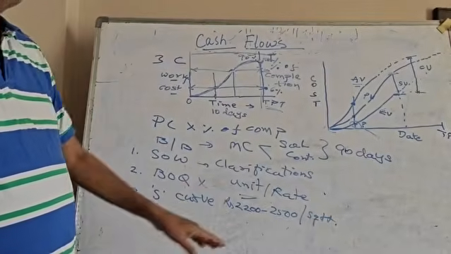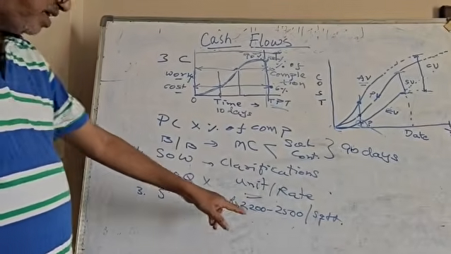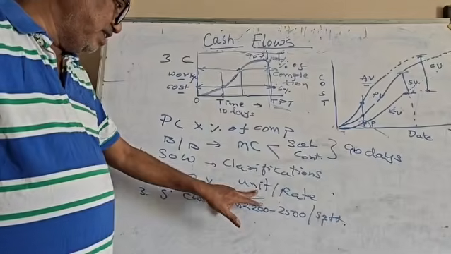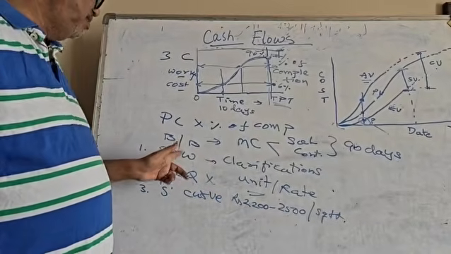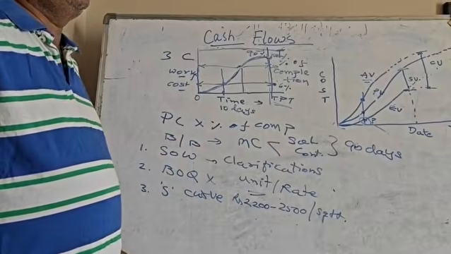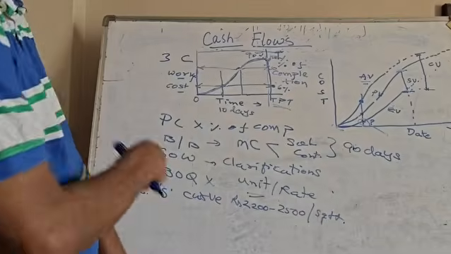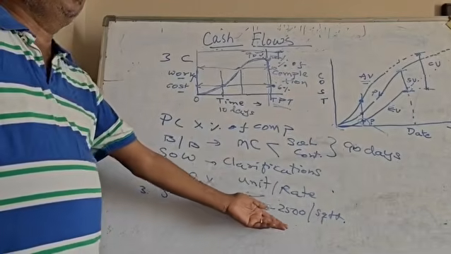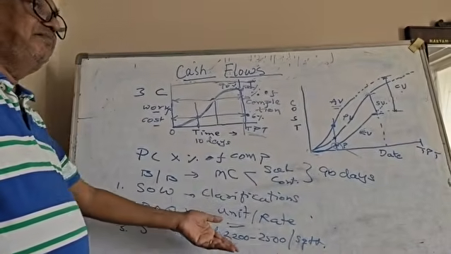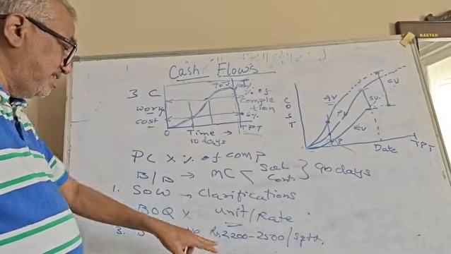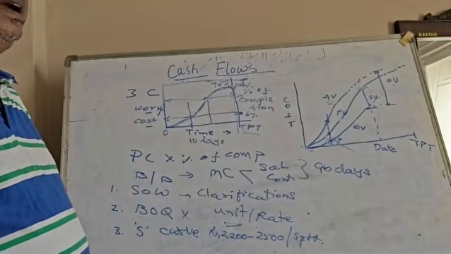So if a big project is coming, a building is coming, normally contractors, they try to work out roughly based on the unit 2200 to 2500, depending upon the SOW, what requirements have been given, what type of tiles, what type of walls, what type of material, all this. What type of finishings, what type of connections that have to be given, plumbing and drainage and all that. So based on that, they try to work out 2200 to 2500 in India basically.